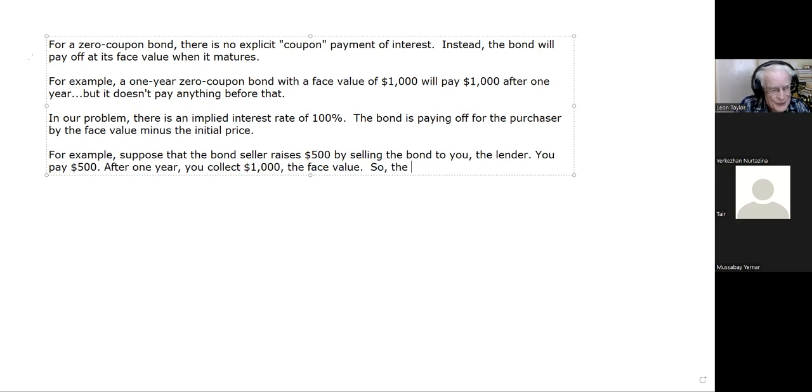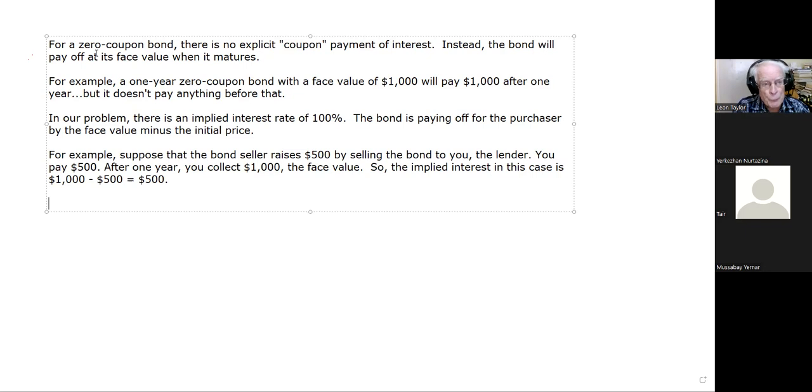So the implied interest in this case is 1,000 minus 500, or 500, since this is the gain by hanging on to the bond until it matures and pays off. Okay, so that's one part of the problem.